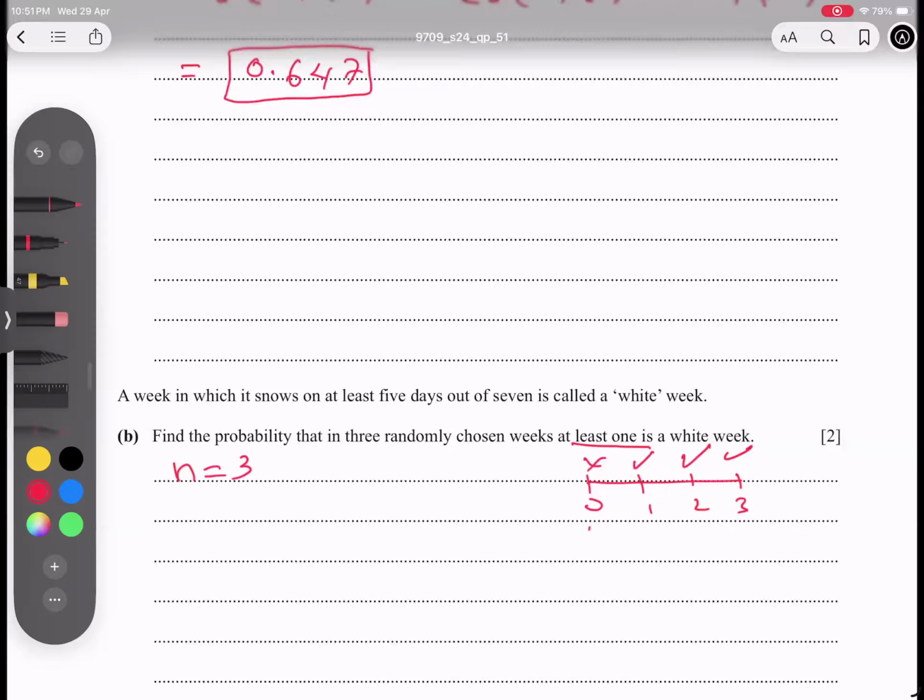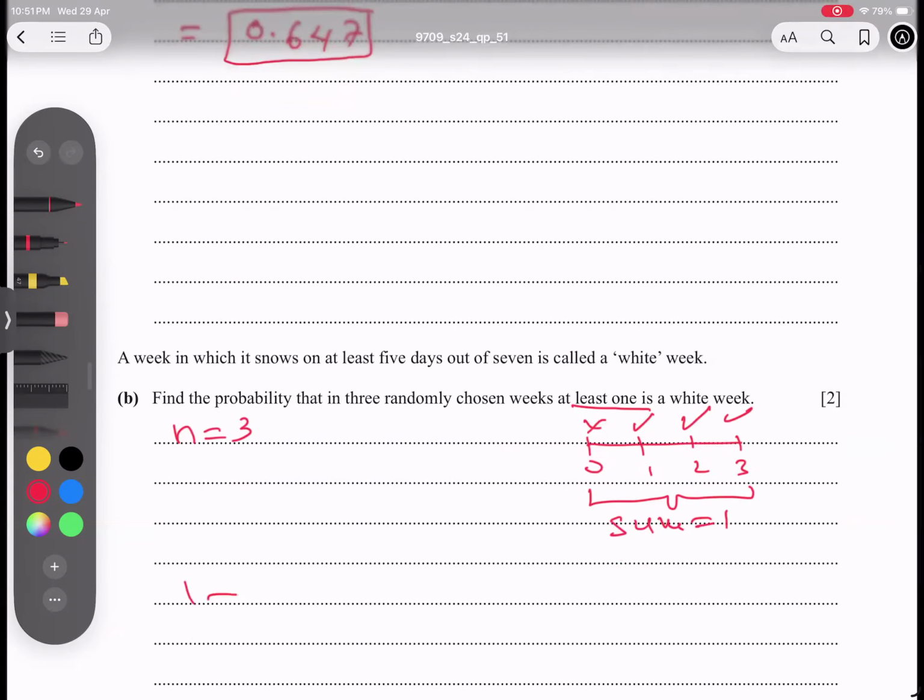Since the sum of all probabilities is 1, I will simply do 1 minus the probability of 0. What is p and what is r?